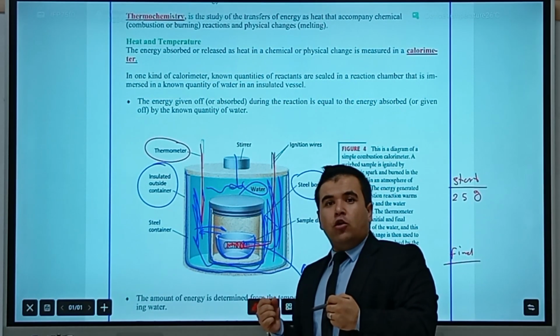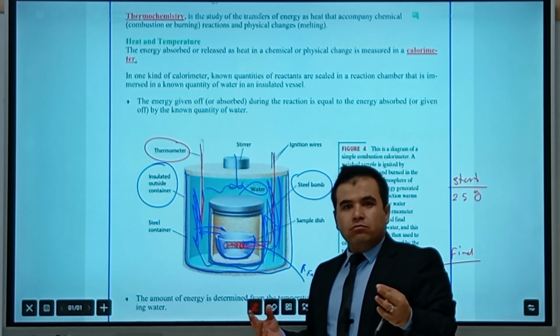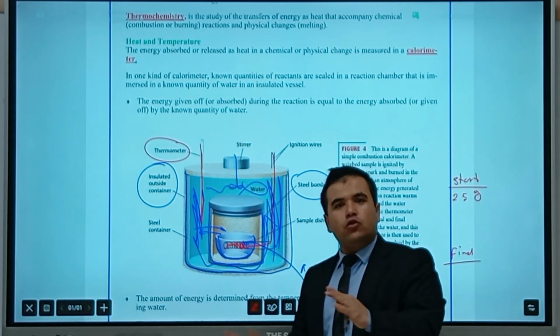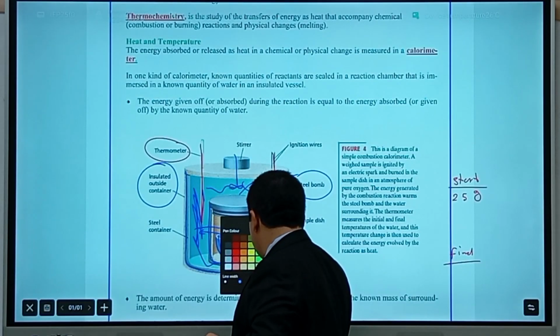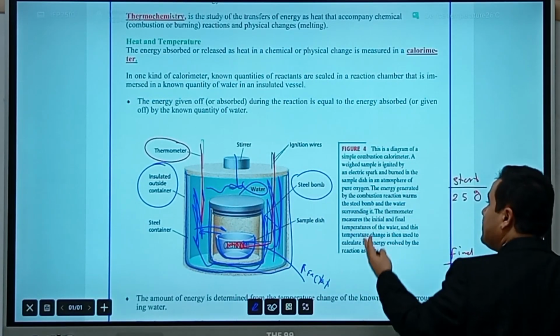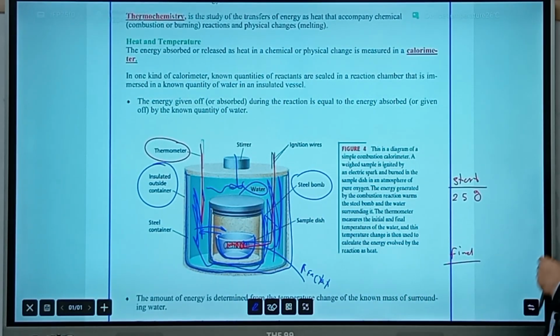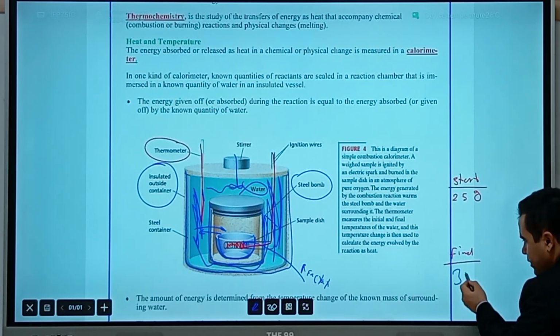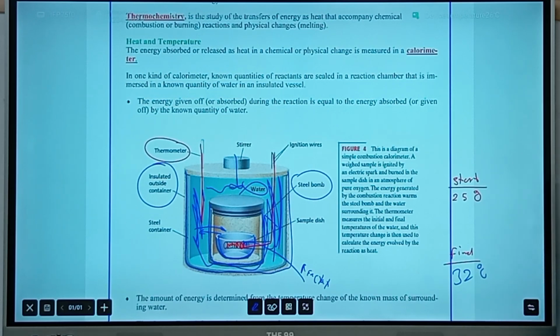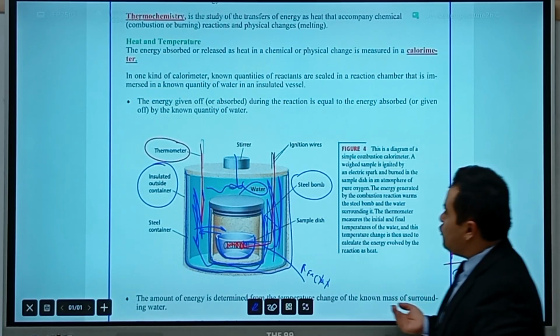After the completion of the reaction, when all the reactants have converted to product, we use the thermometer to measure the final temperature. If the final temperature, for example, is 32 Celsius, 25 to 32 means the temperature increases. How does the temperature increase?